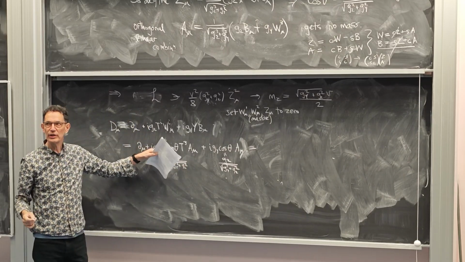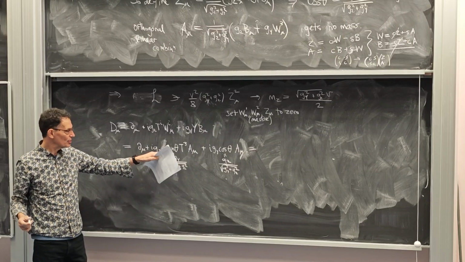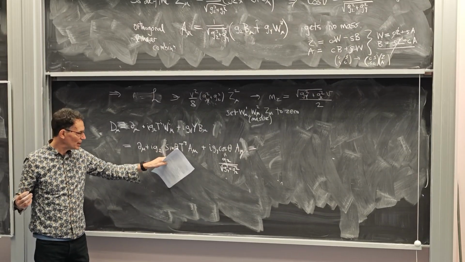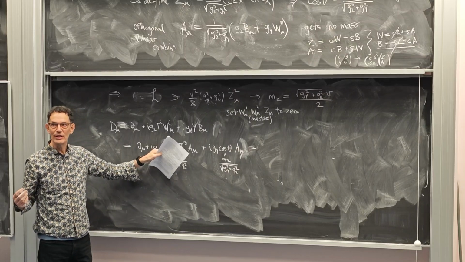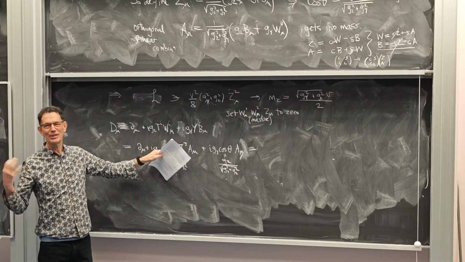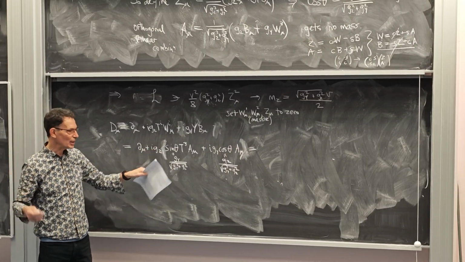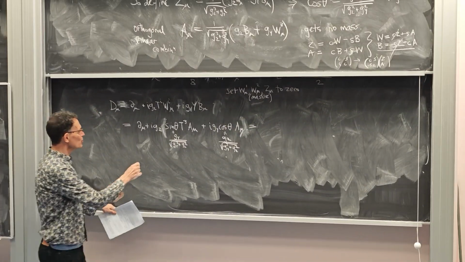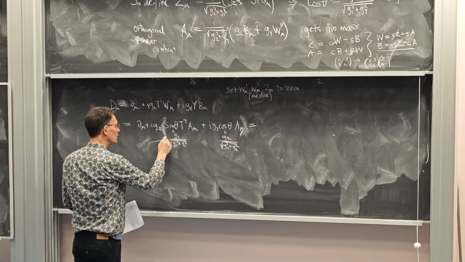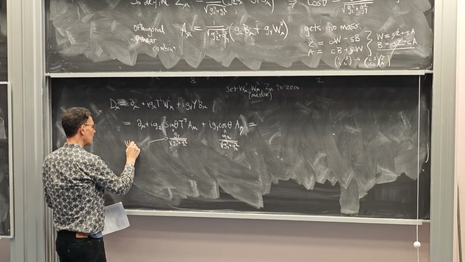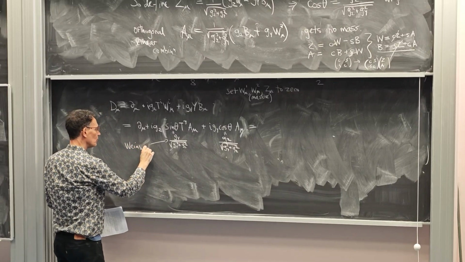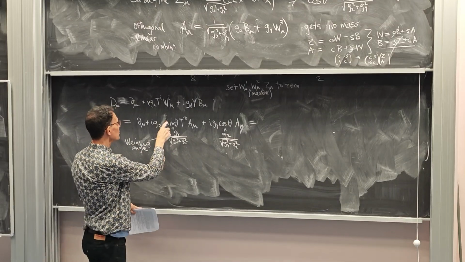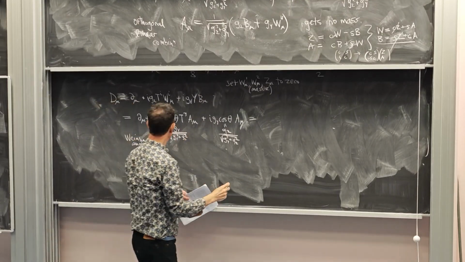In fact, this is the usual definition of the Weinberg angle, because if I tell you sine theta is positive, then the theta is naturally positive. If I define cosine theta, it's a little bit ambiguous. So this is usually the definition of the Weinberg angle. But what you notice is that both of these coefficients are the same.